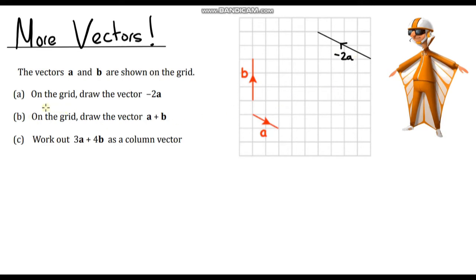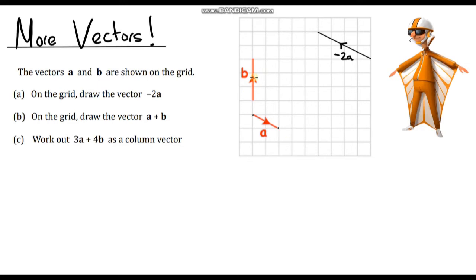Okay, let's look at question B. On the grid, draw the vector a plus b. So if we think back to one of my previous videos, when we add together vectors, we connect their arrows. So this is our vector A, so we're starting here and we're finishing here.